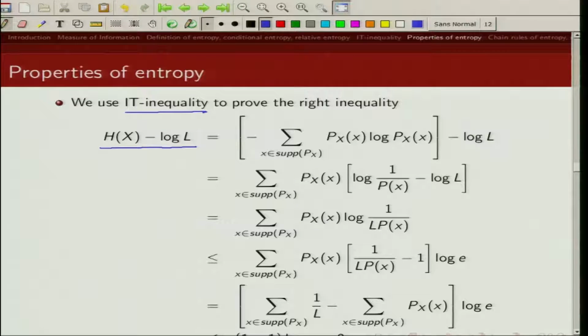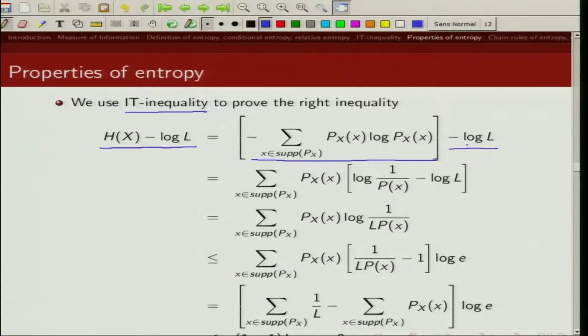So let's look at the proof. So first thing I did was, from the definition of entropy, I wrote down the expression for entropy. So this is minus summation over the support set of p(x), p(x) log of p(x), and the second term is minus log of L. I write it like this.